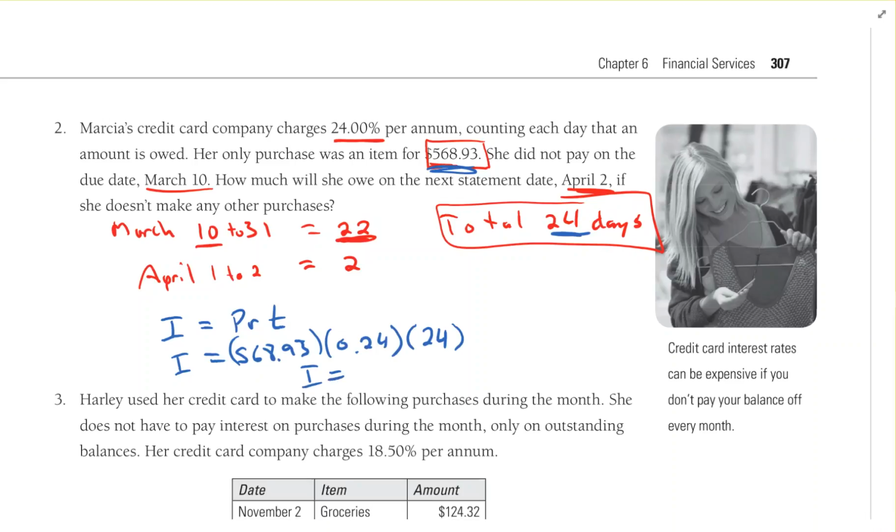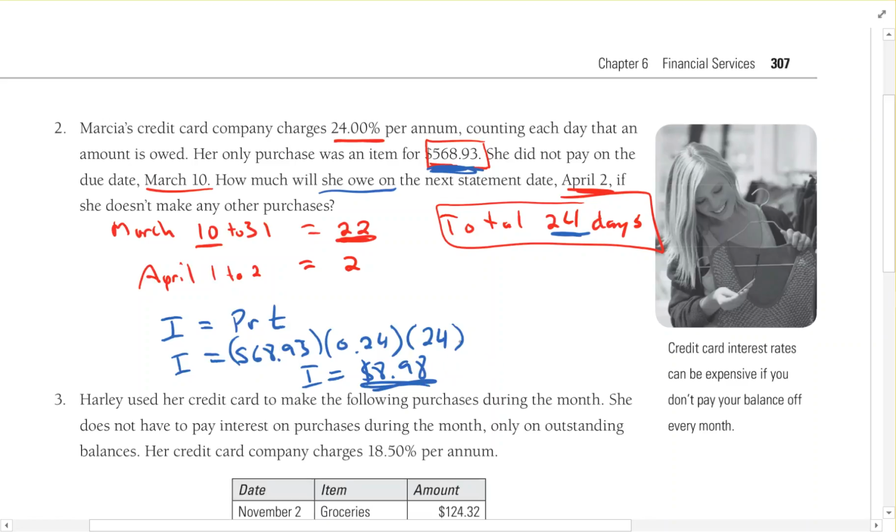Okay, so if you multiply those all together, that would be $8.98. Right, but what it says is, how much will she owe? So she'll owe that $8.98 we figured out, plus what she already had on there.